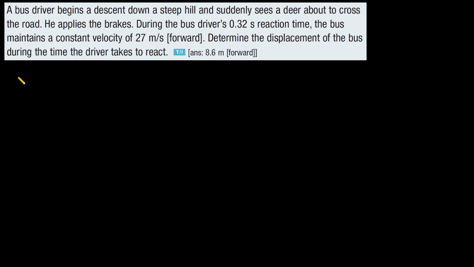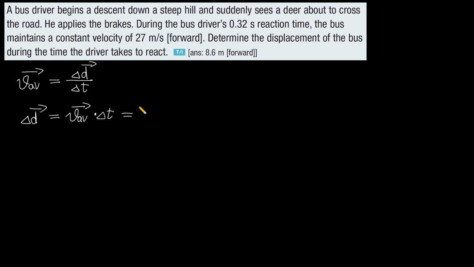So from the formula of the average velocity, this equals the displacement delta d divided by the time interval delta t. From this formula, we can infer that the displacement delta d equals the average velocity multiplied by the time interval delta t. And in this question, the constant velocity is just the average velocity.